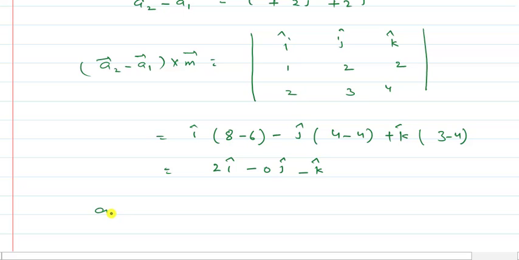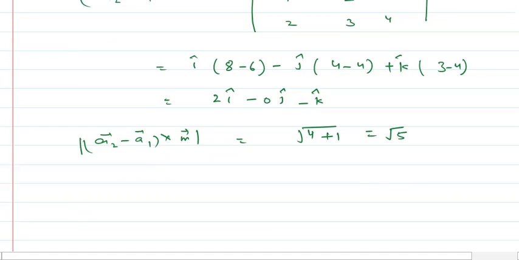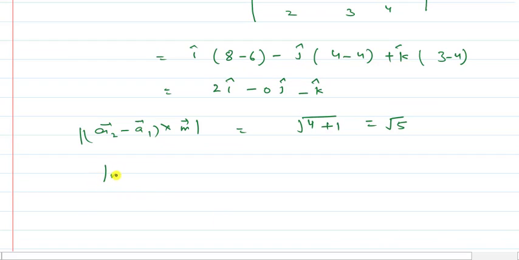Now we need to calculate the modulus of it, that is the modulus of (A2 minus A1) cross M, which is root of 4 plus 1, that is root 5. We need to calculate the modulus of M as well.